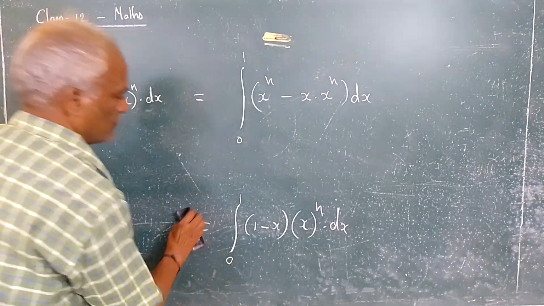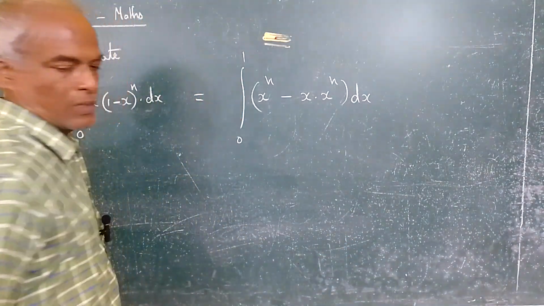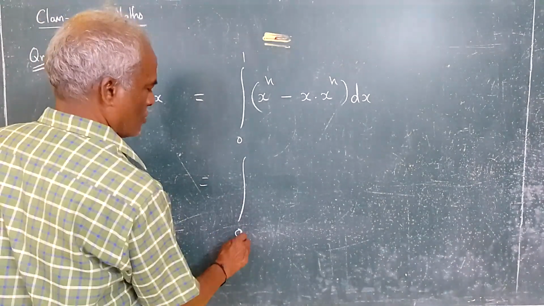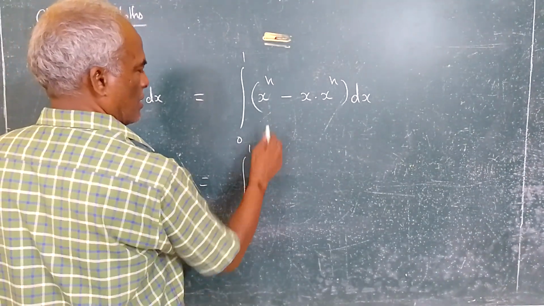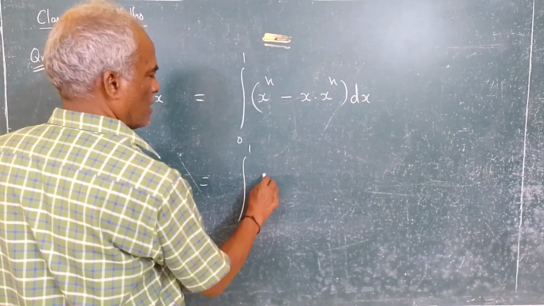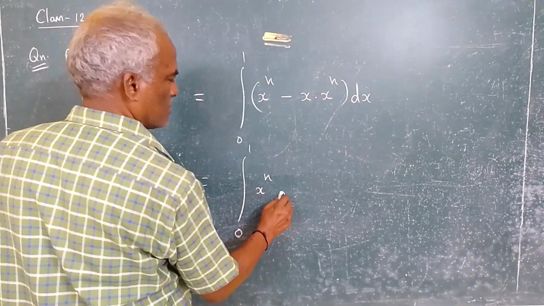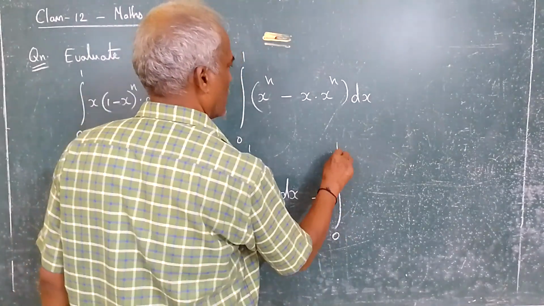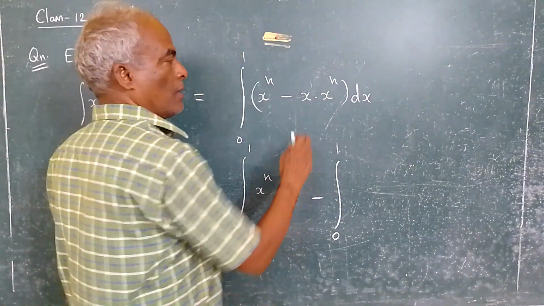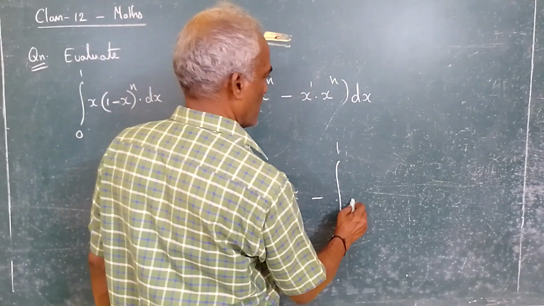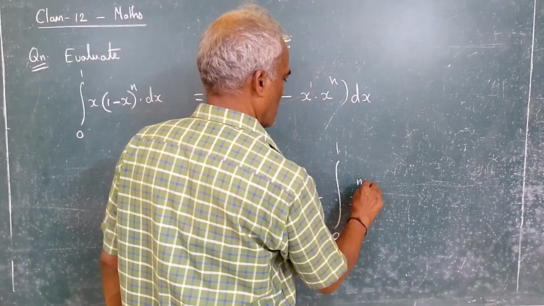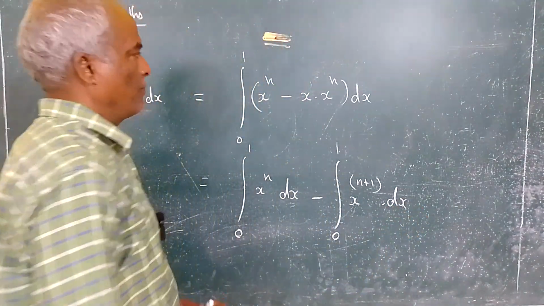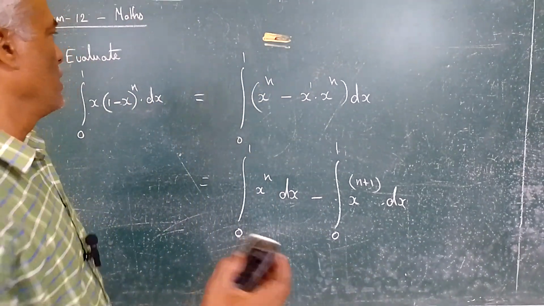Now this integral will become integral 0 to 1 x power n into dx. This is one integral. Next integral will be 0 to 1, x is power 1. The base is equal, therefore powers can be added: x power n plus 1 into dx. Okay. Now the next step.